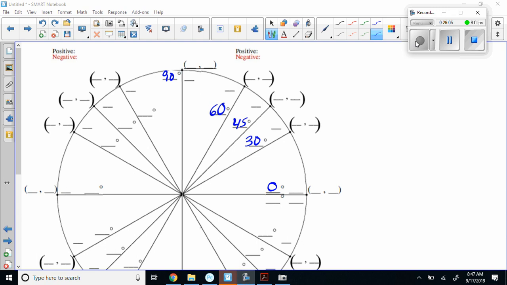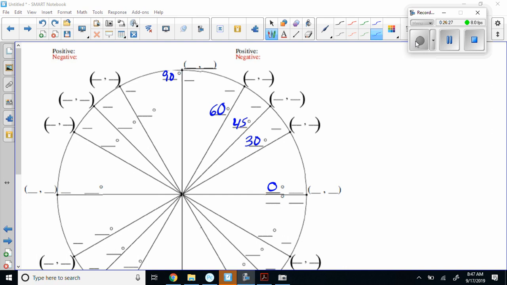Okay, guys, what did we do yesterday? We looked at a 45, 45, 90. We also looked at the 30, 60, 90. Okay? All right. So the first blank in here is degrees.